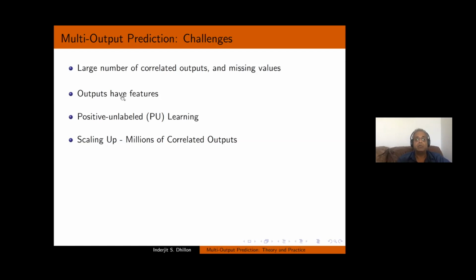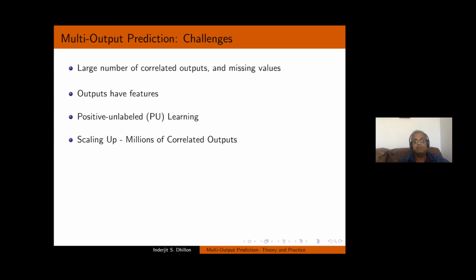Typically when you talk about prediction problems, regression problems, the target variable or the target class generally doesn't have features. But if you think about the Wikipedia tag recommendation problem, it is actually made of words, so the outputs themselves have features.